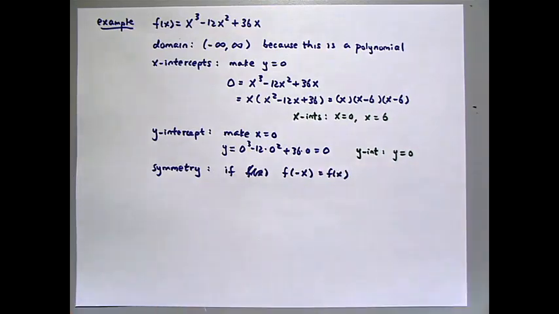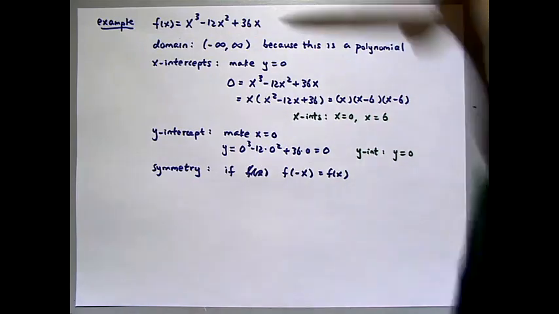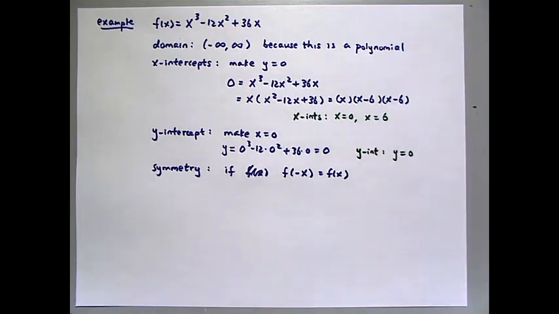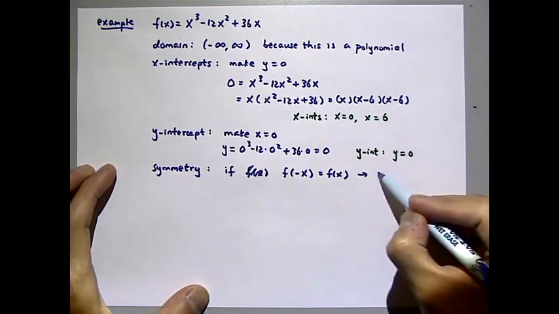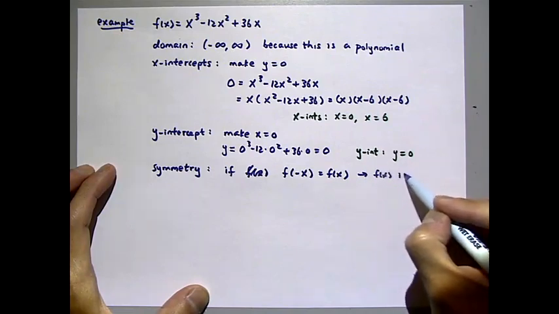If you substitute negative x into your function and it turns out to be exactly the same as the function that you started with, so that's what it says here, f of negative x equals f of x. This means that the function is even.